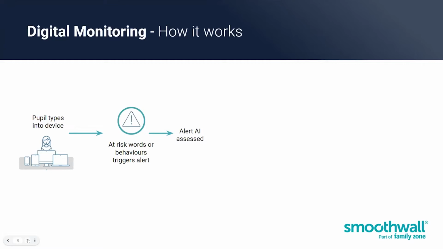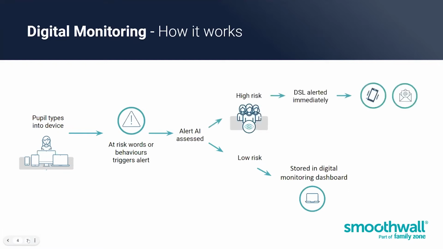Then once you confirm that they are high risk, that would then be sent through to a team of human moderators, whereas the low risk alerts would just be fed through to the digital monitoring dashboard. So the low risk alerts wouldn't necessarily be moderated, but they might become more relevant further down the line, should a more serious safeguarding incident come to light, whereas the high risk incidents will be moderated. So you'll have a team of human moderators who will audit and review those alerts.